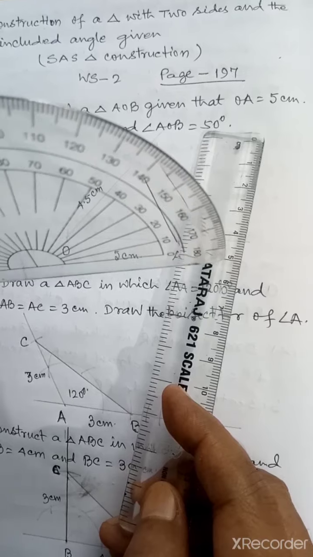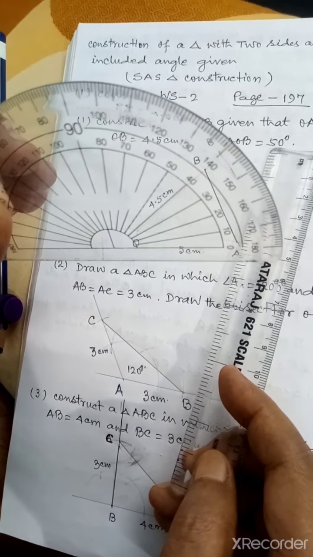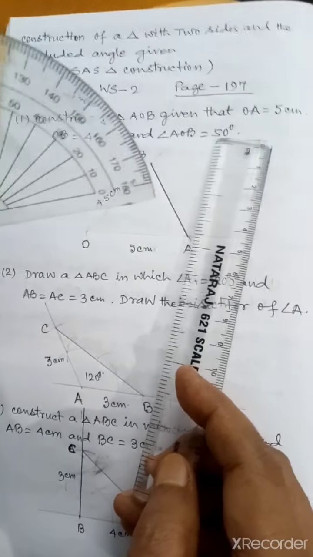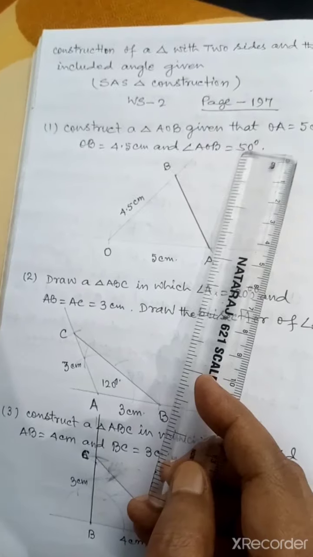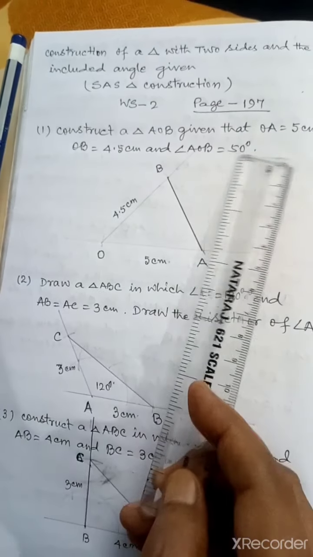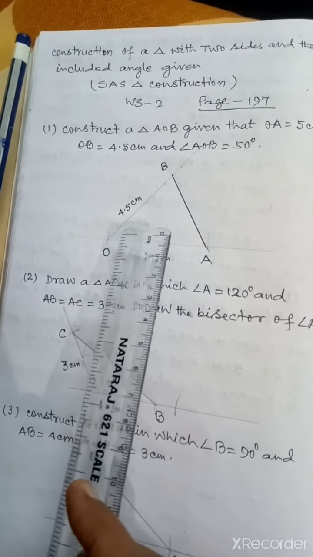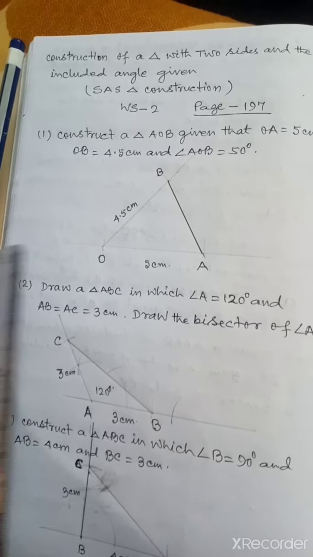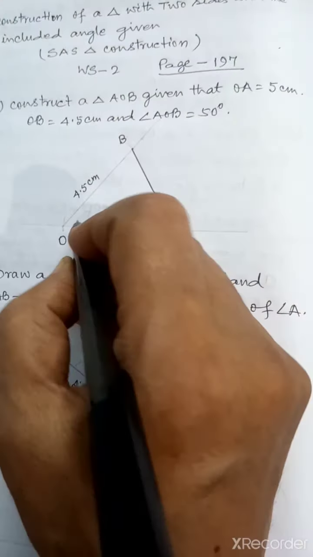If the angle is a multiple of 15 degree or 7.5 degree, then you can use ruler and compass. Otherwise you can use a protractor. With the help of a protractor, draw angle AOB equal to 50 degree.